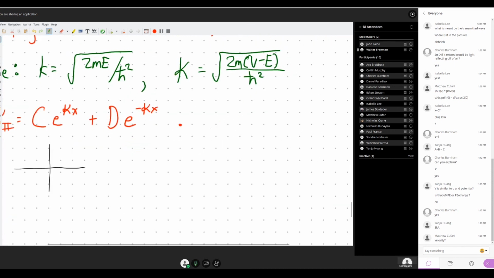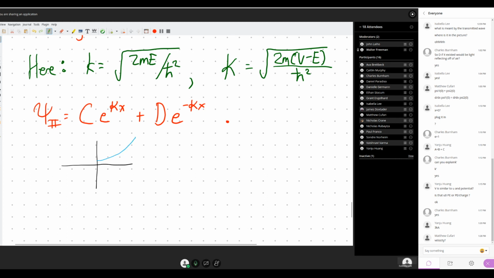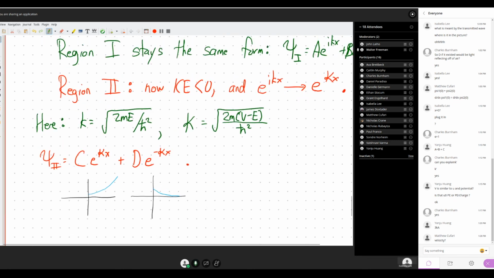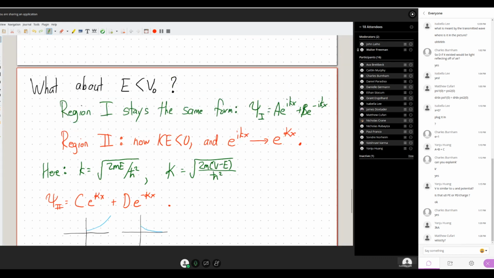This is an exponentially growing thing. Bloop. And this is an exponentially decaying thing. They make those noises. So which one of those is physically sensible for x greater than 0?